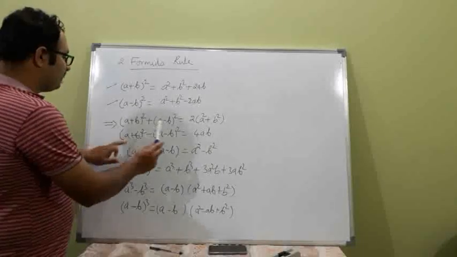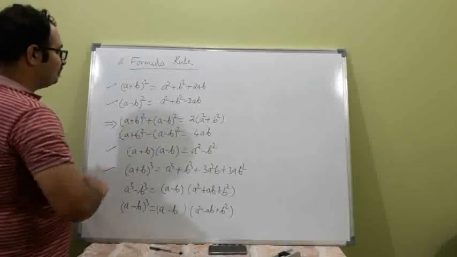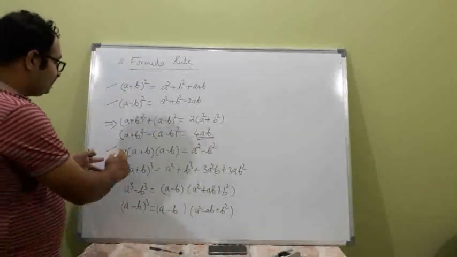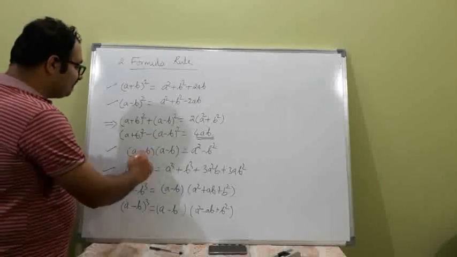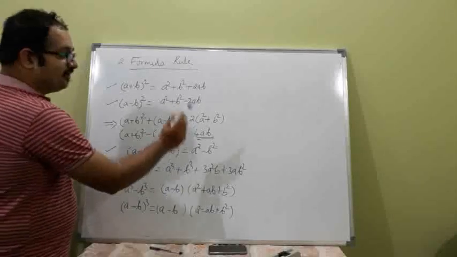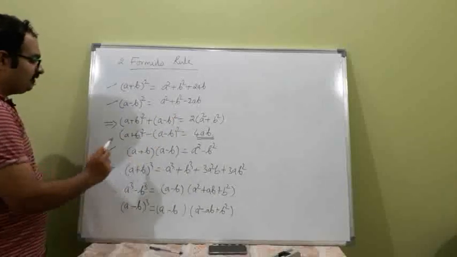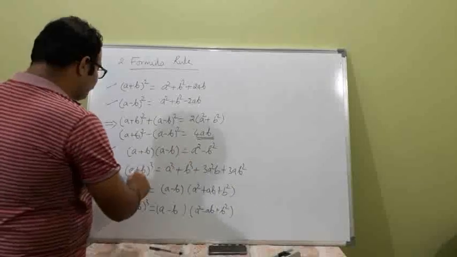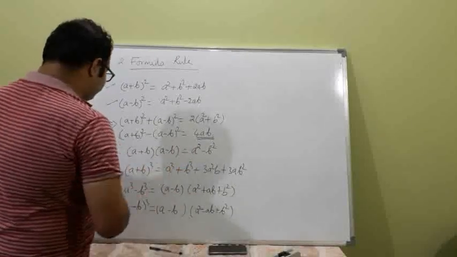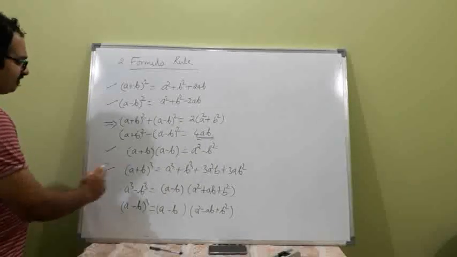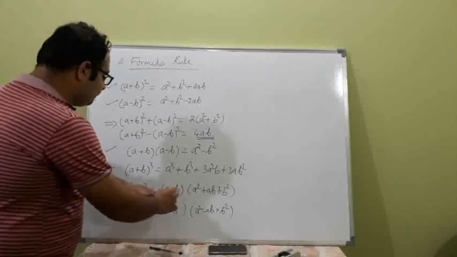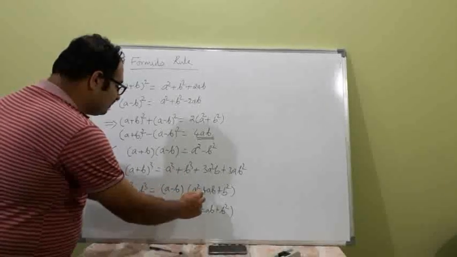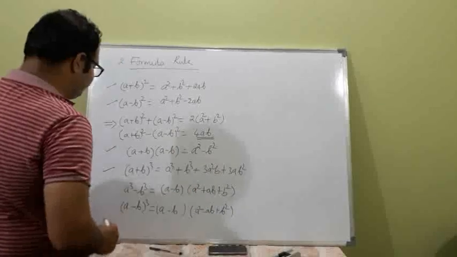(a plus b) whole square minus (a minus b) whole square is equal to 4ab. This is one of the important resultant formulas. (a plus b) into (a minus b) is a square minus b square. (a plus b) whole cube is a cube plus b cube plus 3a square b plus 3ab square. a cube plus b cube is arrived from the factor a plus b, kept aside, what is left is a square minus ab plus b square. Like that, a cube minus b cube is equal to (a minus b), kept aside, the left is a square plus ab plus b square.